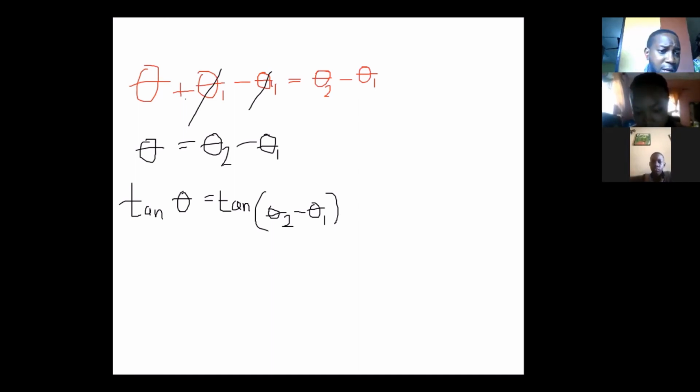With this, you can easily bring out the formula from the tangent of the difference of two angles.